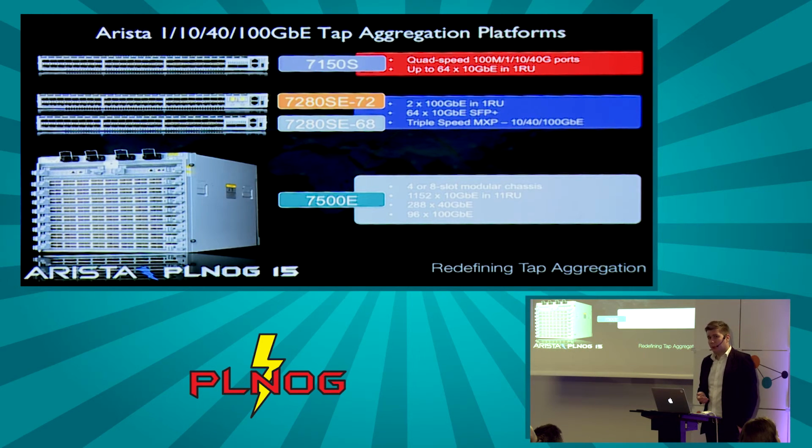For more power, we also have our range of 7280 platforms that today do 100 gigabit in one RU. So an interesting use case here would be taking 10 gigabit and 40 gigabit network feeds from your network and be able to offer that into a 100 gigabit port. So if you need to capture large volumes of traffic, this can be a very cost-effective solution in one rack unit. If you need more ports above that, we can give you up to 1,152 10 gig ports in an 11 RU chassis.